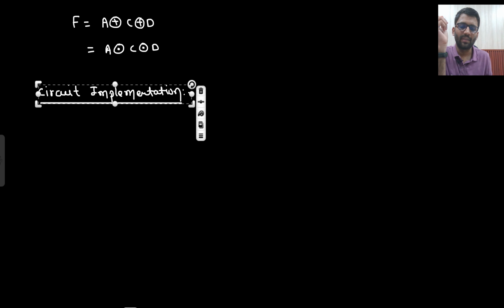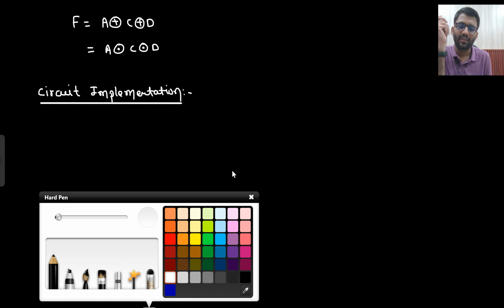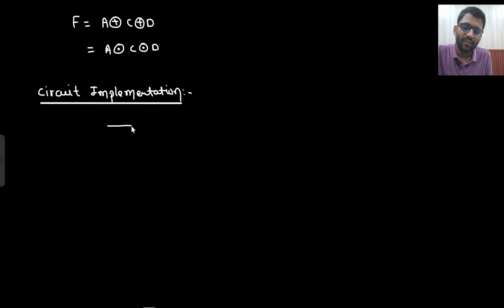Now we need to do the circuit implementation. So how will we do it? Very easy. A 3-input XOR gate is not possible, I told you already, so we need to make two-input XOR gates.